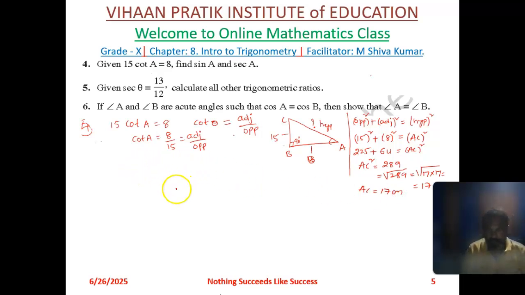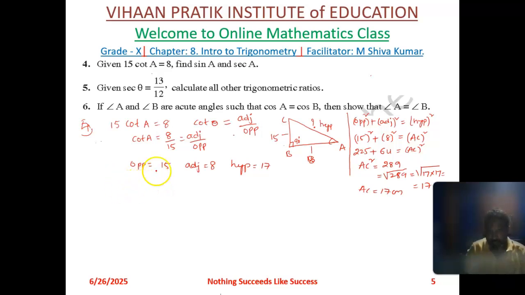From this we know the value of opposite is 15, the value of adjacent is 8, and the value of hypotenuse is 17. Always see that the third side, the hypotenuse, is always greater than the other two sides. So our answer is correct.